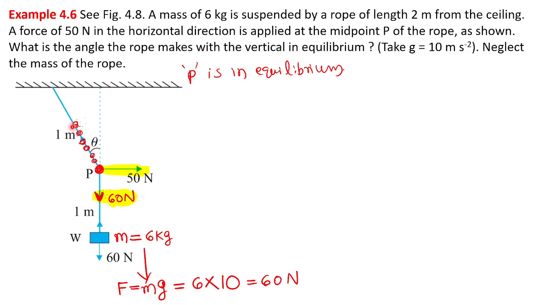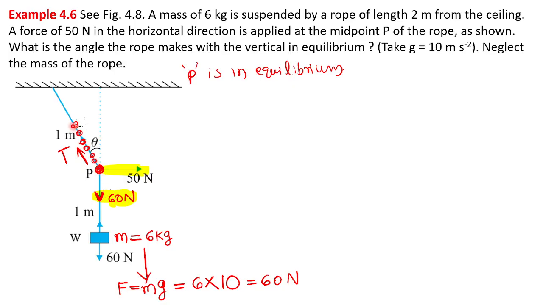But these molecules on the left side exert a backward force on P, said to be tension. Tension is nothing but the force exerted by the molecules of the rope. There are plenty of molecules, and there are molecular attractions.